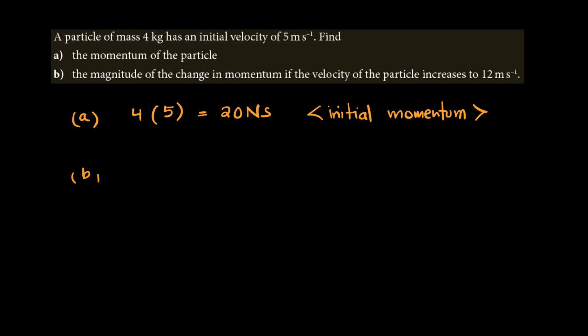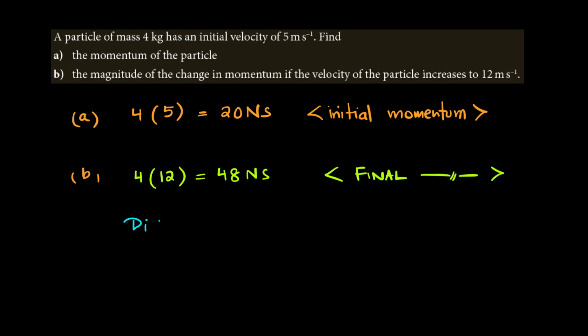In part B, it says the magnitude of the change in momentum. They are asking for the magnitude of the change in momentum if the velocity of the particle increases to 12 meter per second. Now let's calculate first: 4 multiplied by 12, which is 48 Newton second. This is the value of the final momentum of this particle.